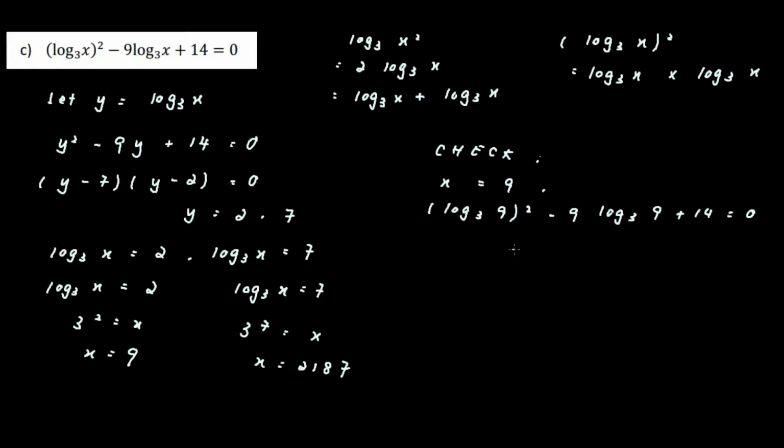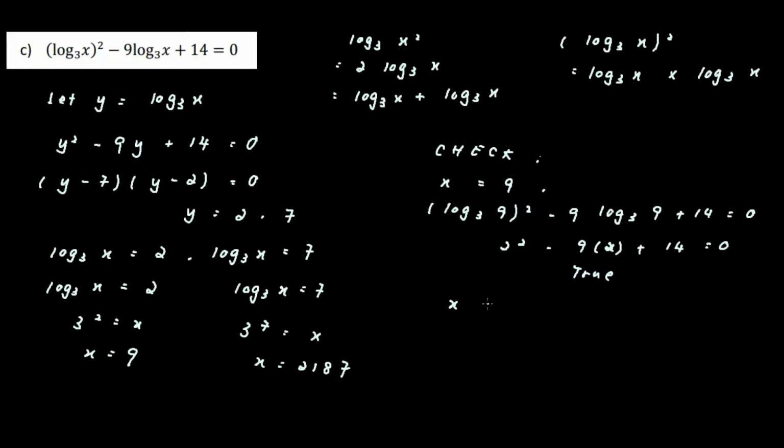Here you will get 2 squared minus 9 times 2 plus 14 equals 0. So 4 minus 18 plus 14 gives you 0. Yes, this is true.